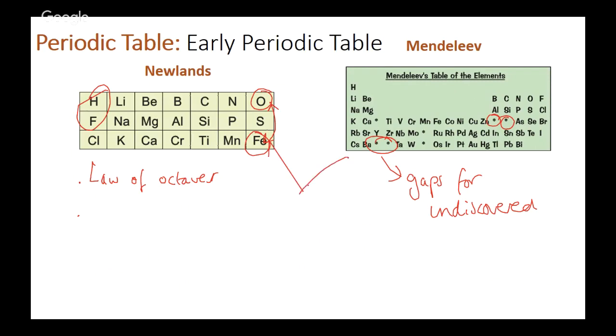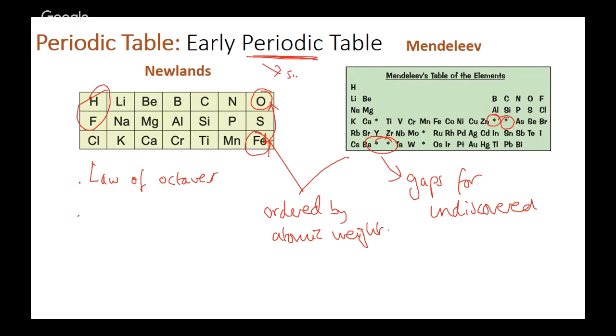Both of them in the early days were ordered in terms of atomic weight, which is different to what we see now. Finally, the last thing that we need to remind ourselves of is the fact that it's called a periodic table because similar properties occur at regular intervals.